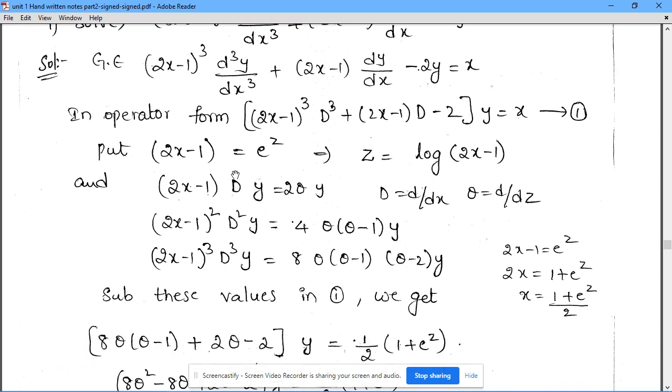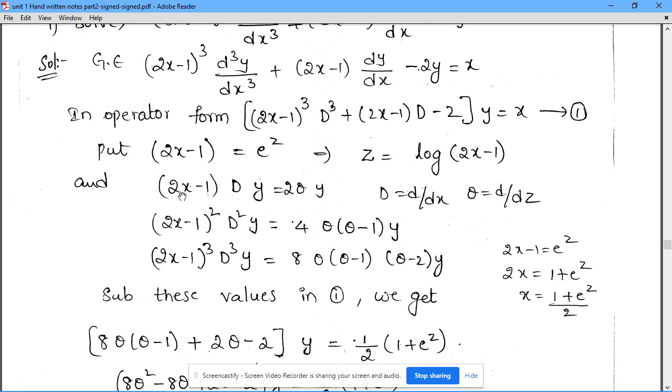Now the substitution: 2x minus 1 is e power z, so that z is log of 2x minus 1. In Cauchy's we replace x as e power z, but here 2x minus 1 is e power z, and (2x minus 1) dy is 2 theta y. What is the x coefficient here? It is 2. So the x coefficient is important. Suppose the expression is a plus bx, we have to take the coefficient as b.